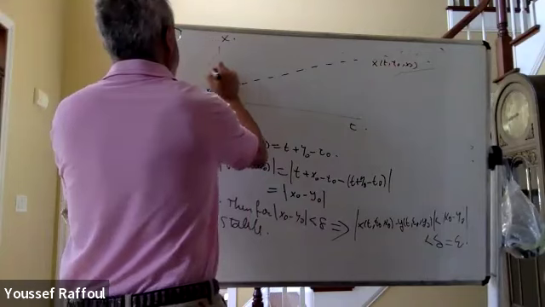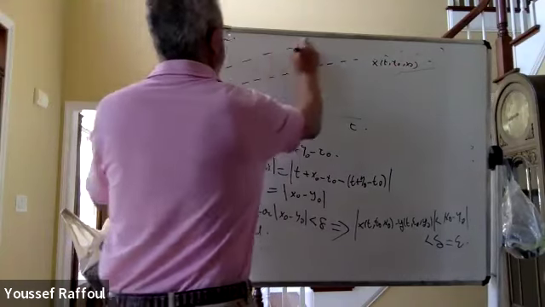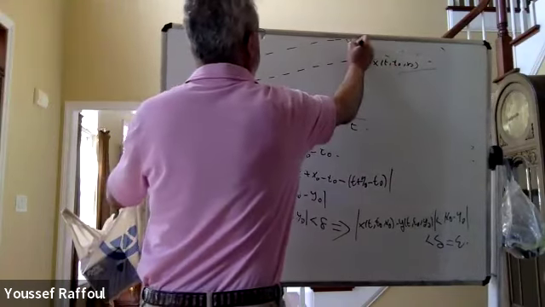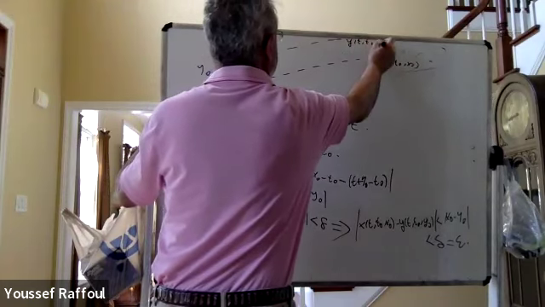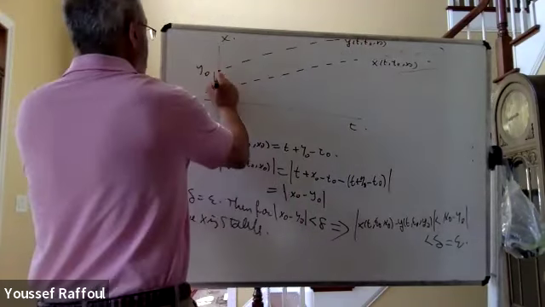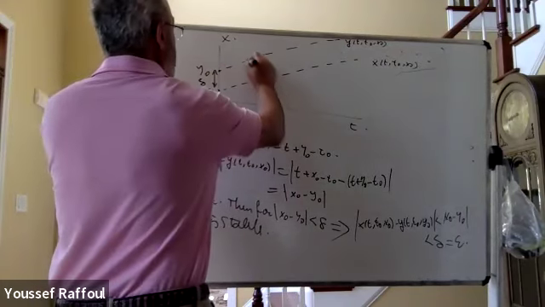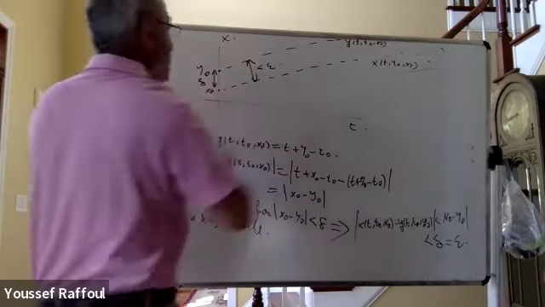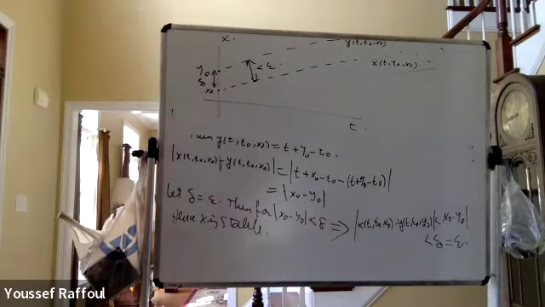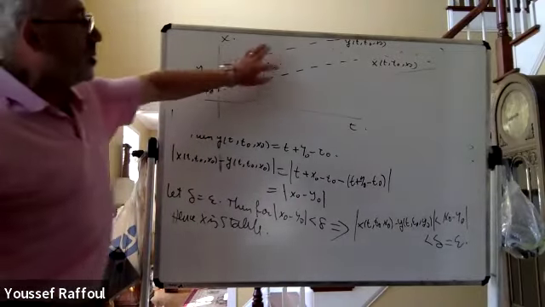And then if this is y naught, then you have another solution going like that. This is y of t, t naught. So if this is less than delta, then the difference between the two solutions is less than epsilon. You see that? This is the difference between the two solutions.